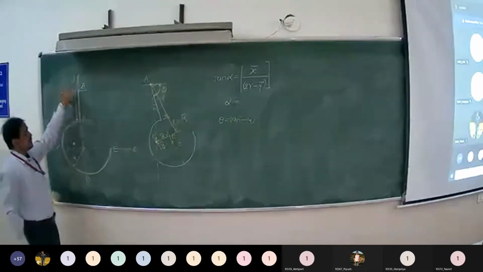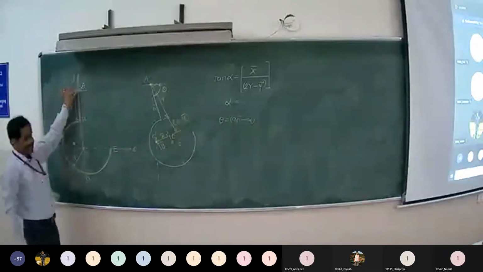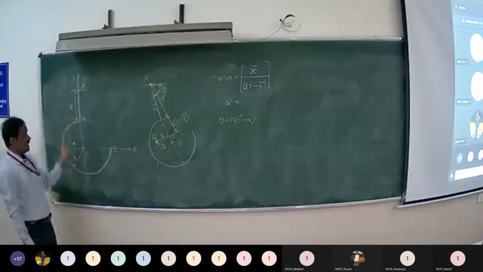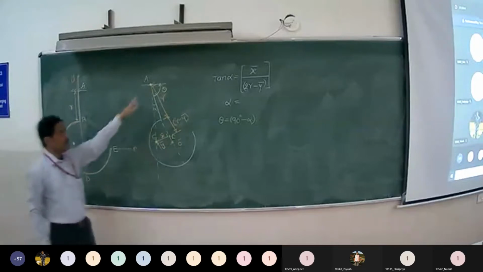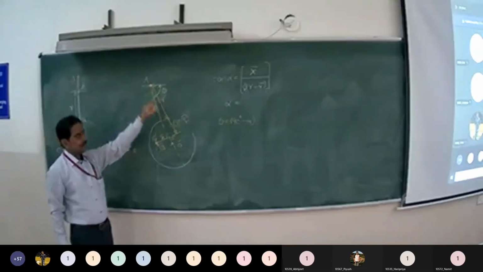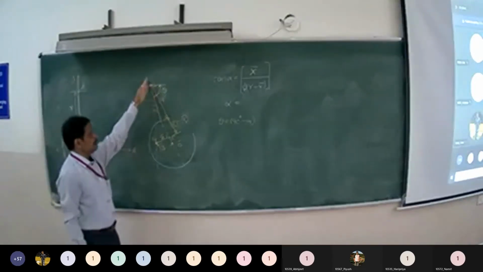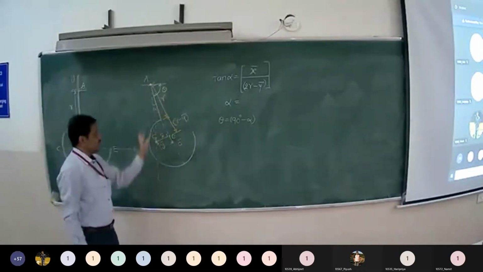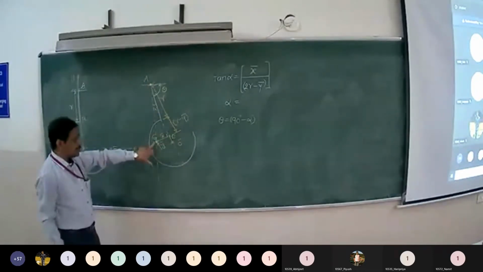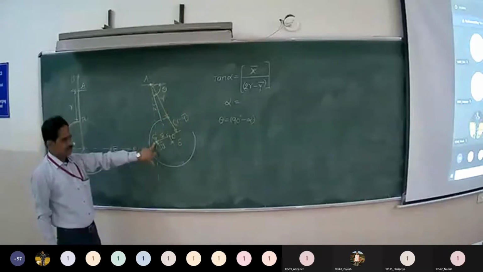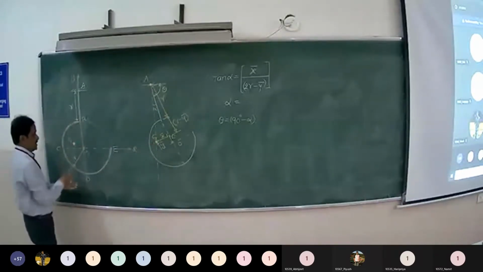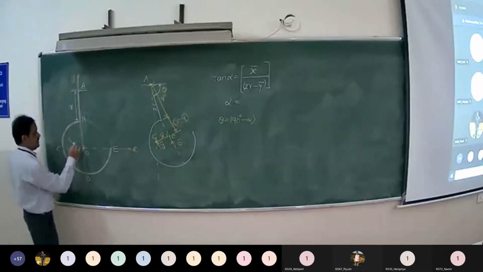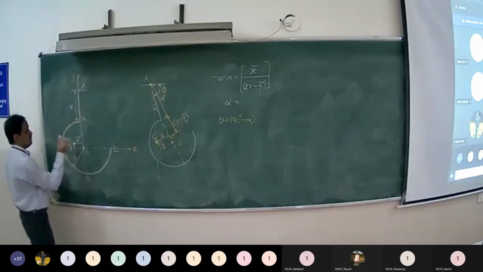But when a body is suspended freely, we know that the center of gravity of that body will be located on the vertical line passing through the point of suspension. So it is suspended from this point. This is the vertical line. So the center of gravity of this bend must be located on that vertical line. Okay. So with respect to point O, the center of gravity has coordinates x bar and y bar.